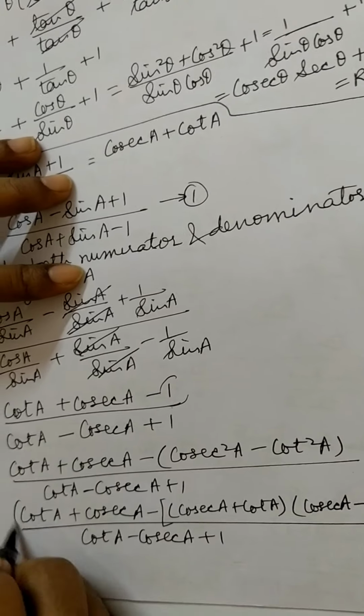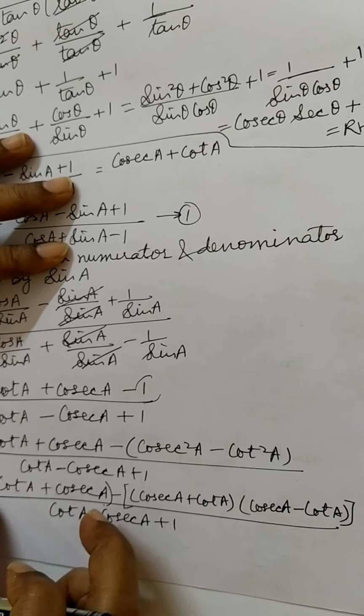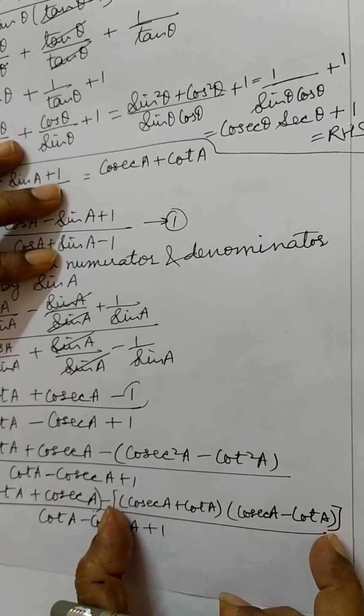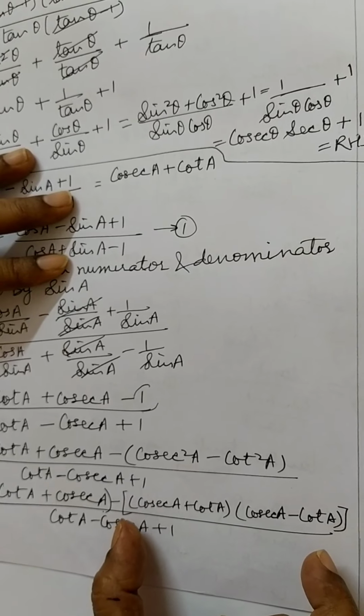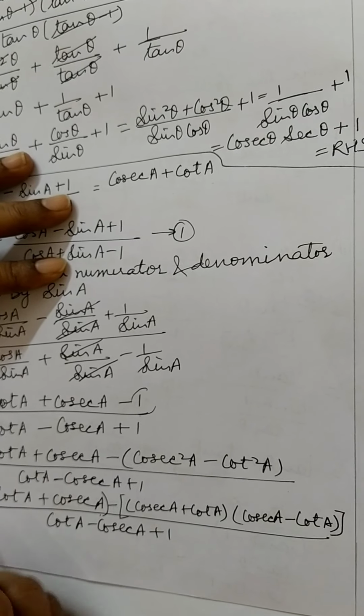Now you can see here that if the first two terms we write in a bracket, it becomes one term. From the first and this second bracket, what you can take out common, you can see that cot A plus cosec A is a common factor.